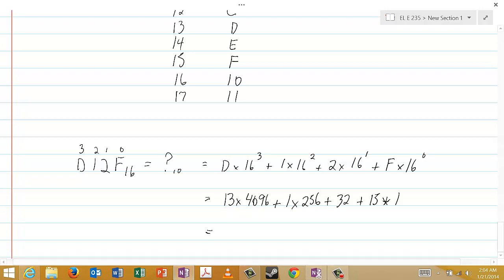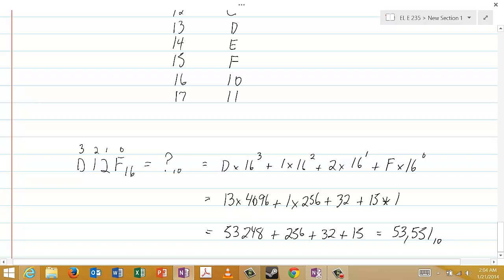13 times 4096 is 53248, and then 1 times 256 is 256, 32, and 15, and so we finally get 53,551 base 10.